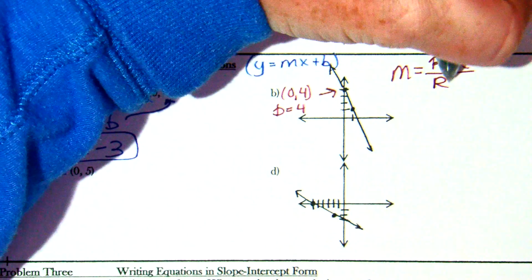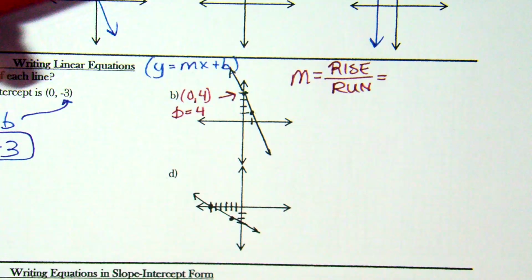Now, this is where different people have been taught different ways. I don't care which way you go about this, but rise over run. How far do you think we rise? Anna, do you guys like to rise up or rise down? Luke does up, so that means he's going to count 1, 2, rise 3 up.